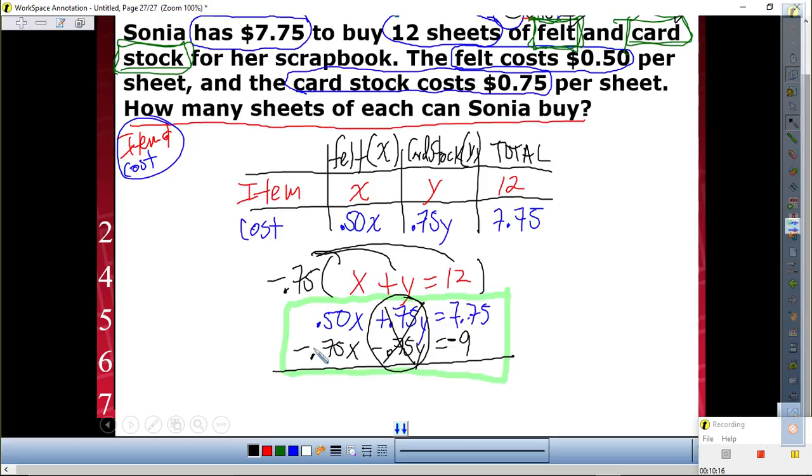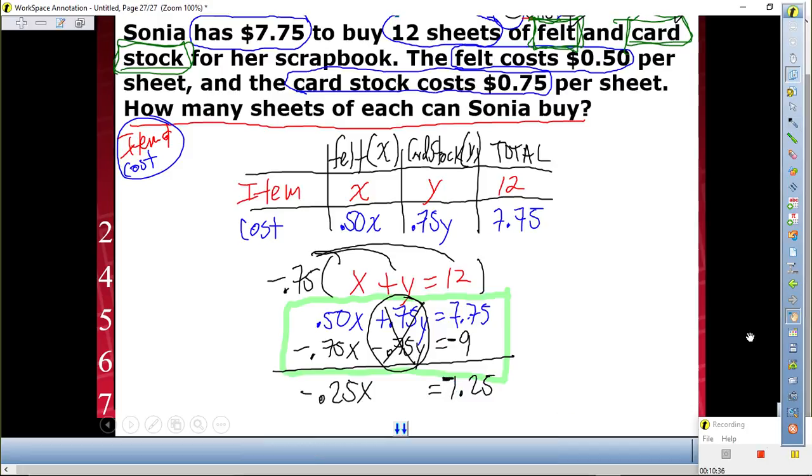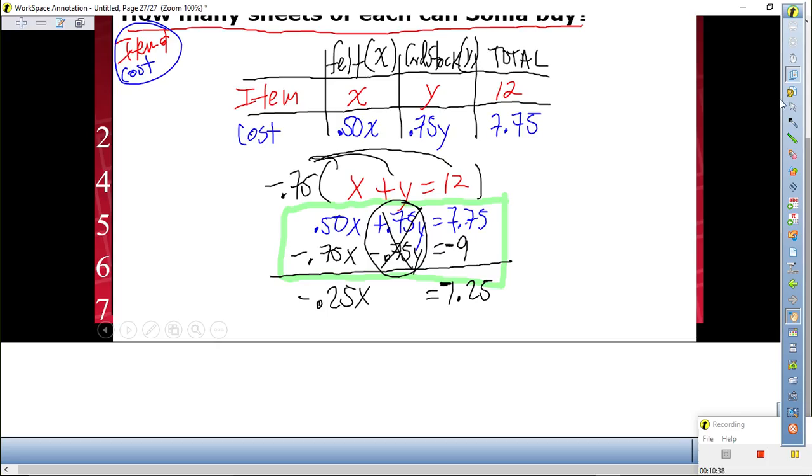So we got 0.50x minus 0.75x. We're left with negative 0.25x equals 7.75 minus 9. That's 1.25. And it's a negative. Can we solve? Yes. Divide by negative 0.25.